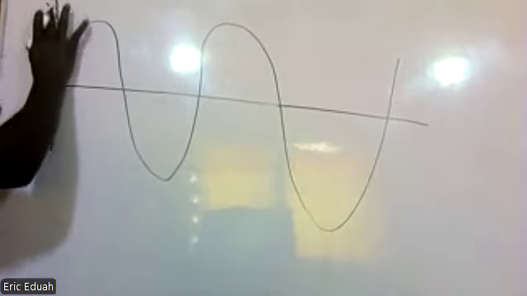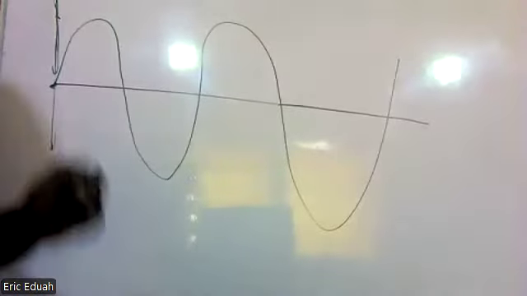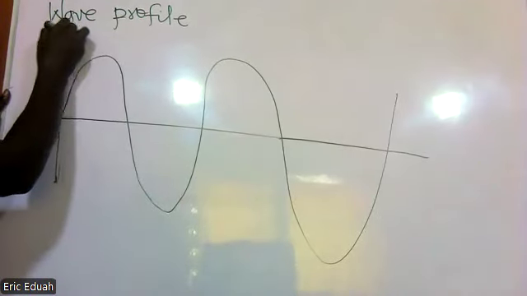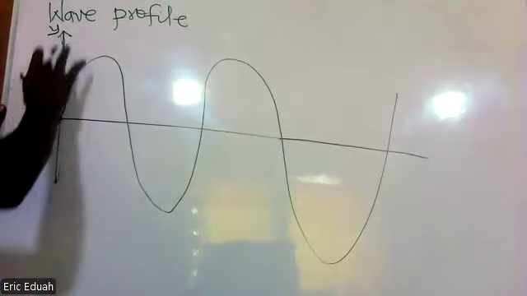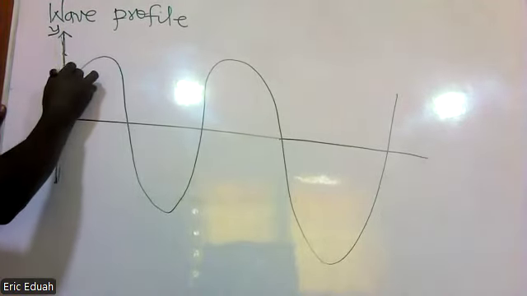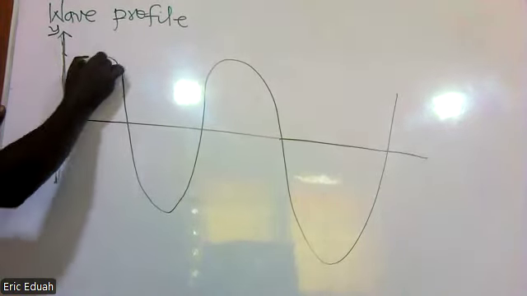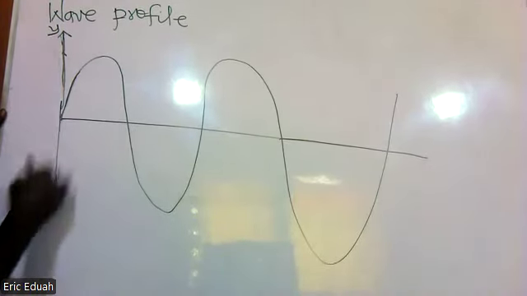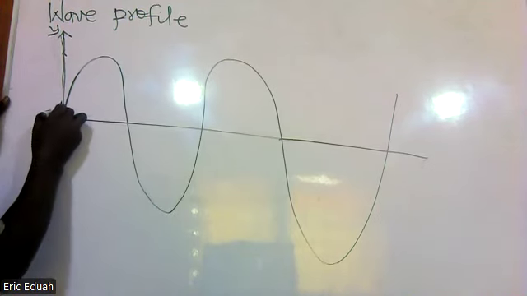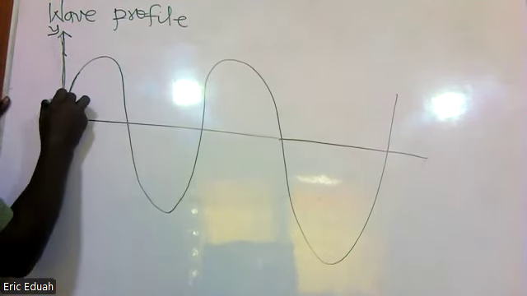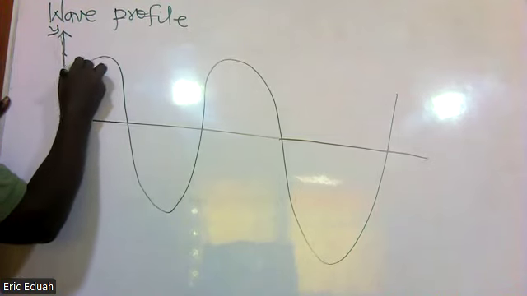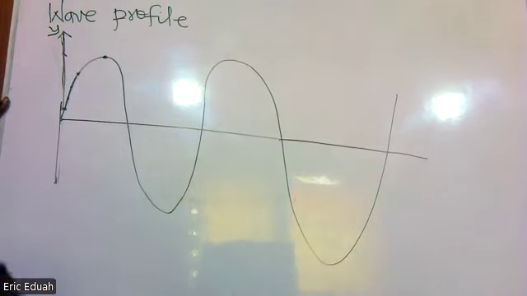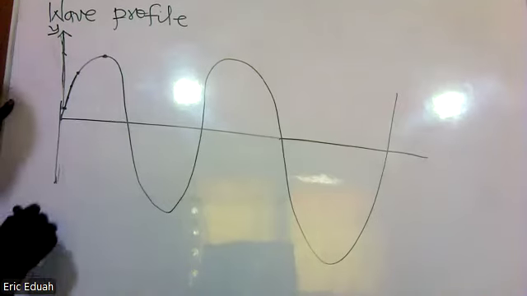Y represents the displacement of the wave. Displacement Y, the maximum displacement. What you see indicates vibration of particles from the equilibrium position.